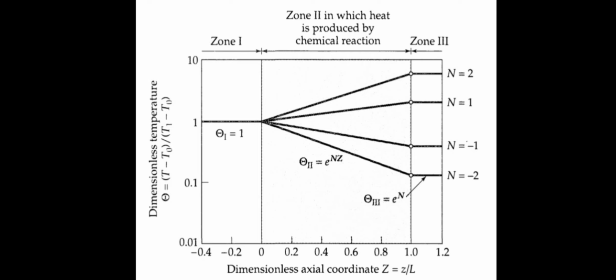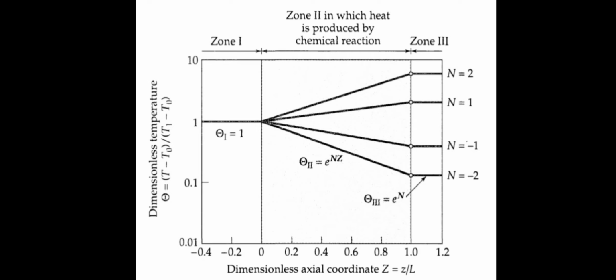And the other key feature is the discontinuity of slope, that is, heat flux. While the temperature is continuous, you can see that the slope of the temperature profile, which is proportional to the heat flux according to Fourier's law, changes at the interfaces.